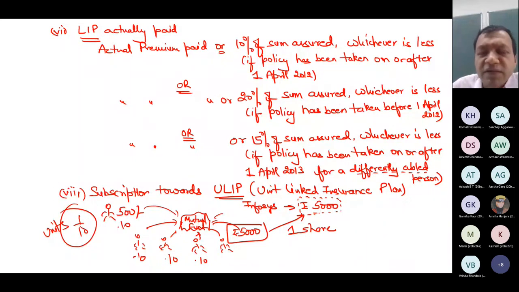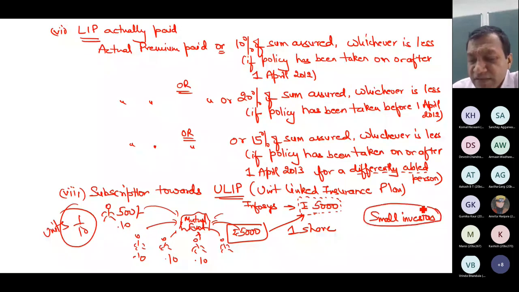The purpose of unit linked plans, whether an insurance plan or a unit linked plan in the share market, is that small investors can also enter the share market. This is the benefit of a mutual fund. The second point is that these small investors are normally long-term investors.